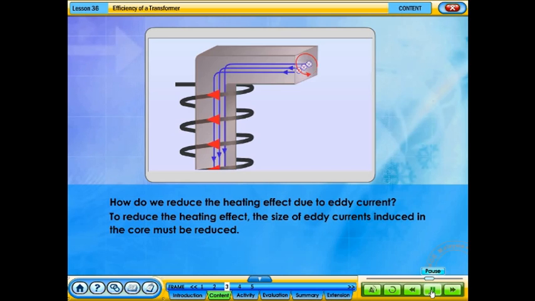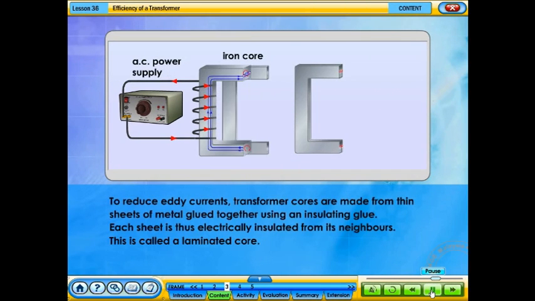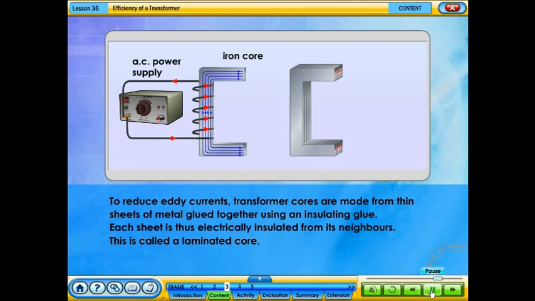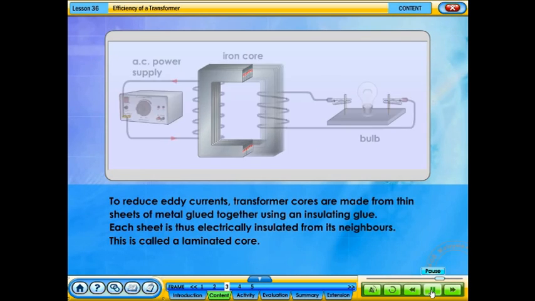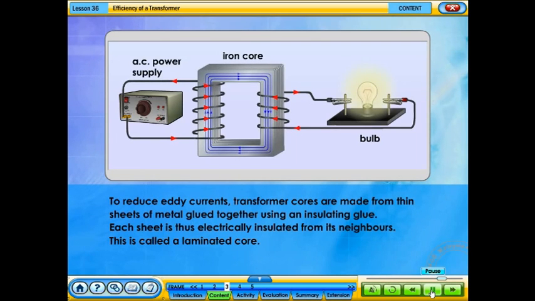To reduce the heating effect, the size of eddy currents induced in the core must be reduced. To reduce eddy currents, transformer cores are made from thin sheets of metal glued together using an insulating glue. Each sheet is thus electrically insulated from its neighbors. This is called a laminated core.